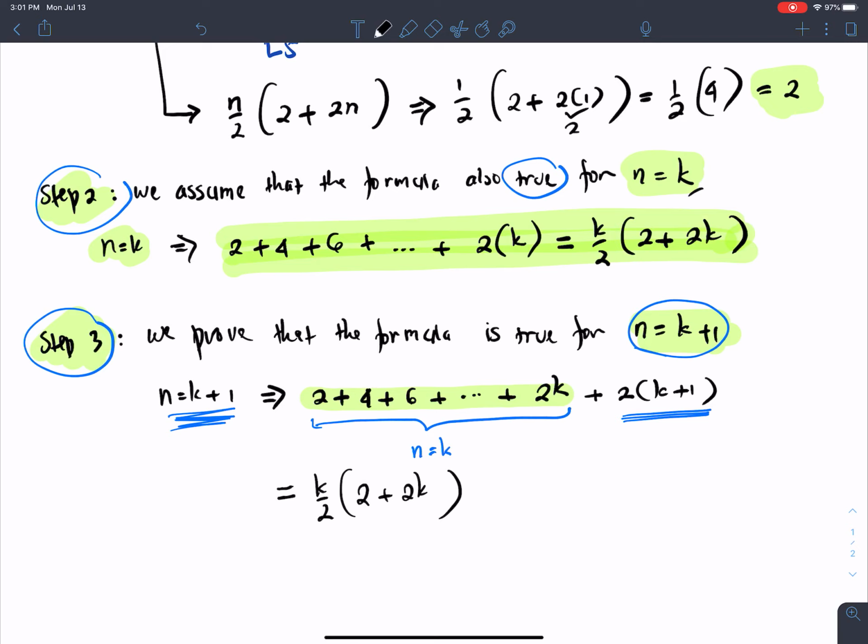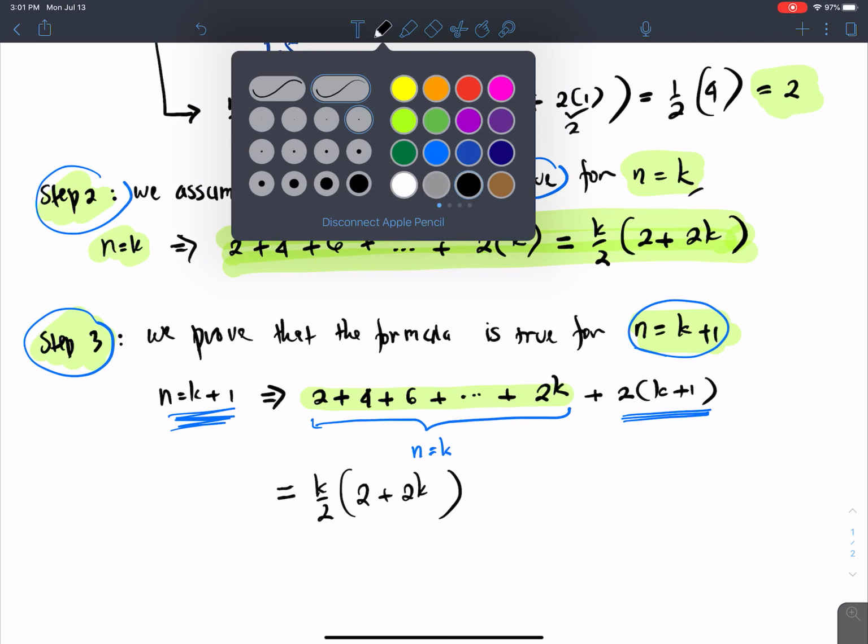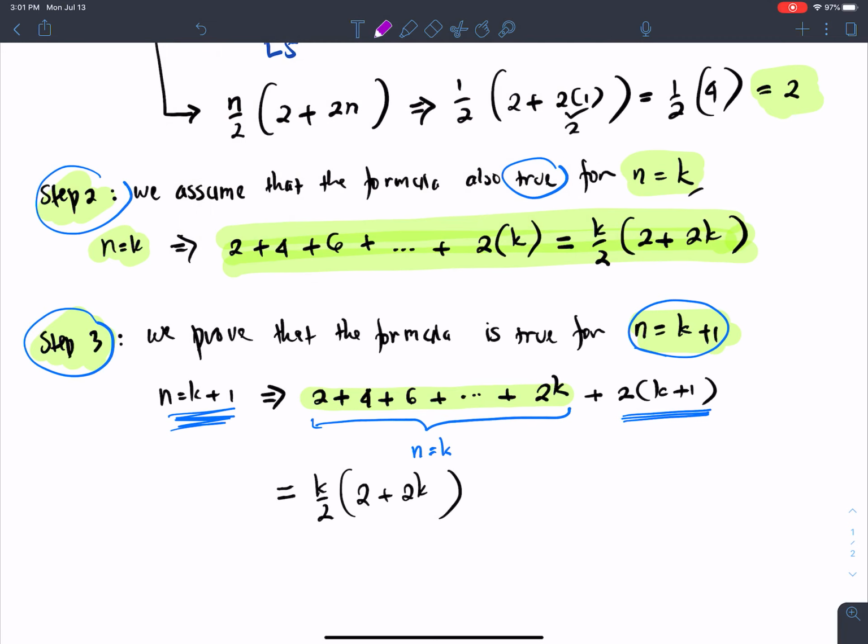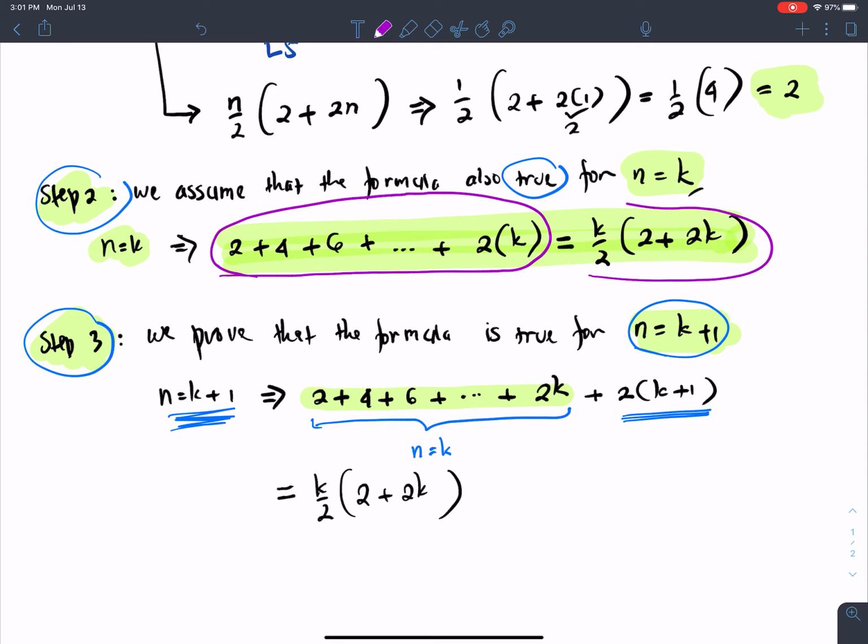From where? Look again at step 2. In step 2 we already mentioned that 2 plus 4 plus 6 plus so on up to 2k is true, equal to k over 2 times 2 plus 2k. Okay, which is what we put in step 3 here.